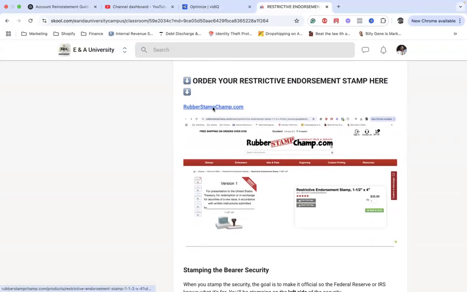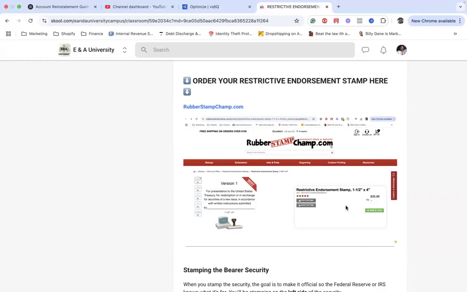So I have posted a link here, guys, where you can simply click on it. This is the exact same stamp. I believe it's like 35 bucks, and I spent about 47 bucks in total. The blue ink pad is another 12 bucks.